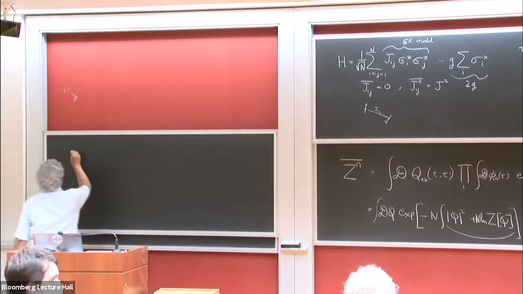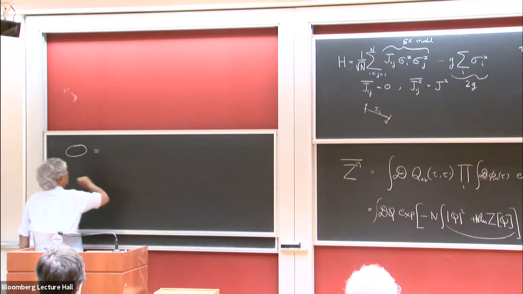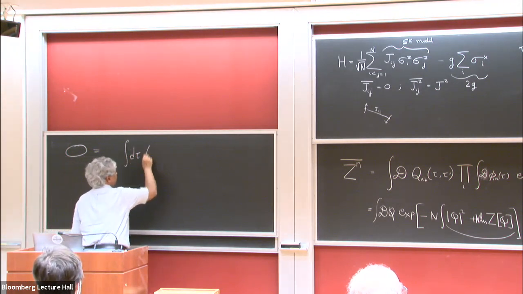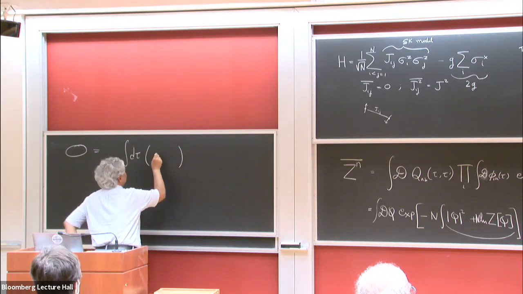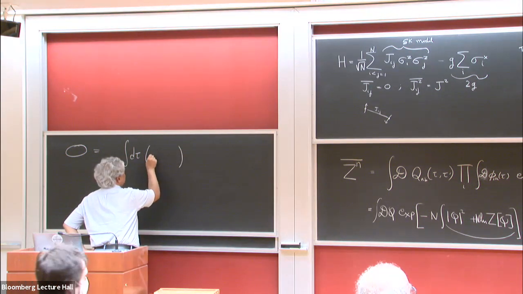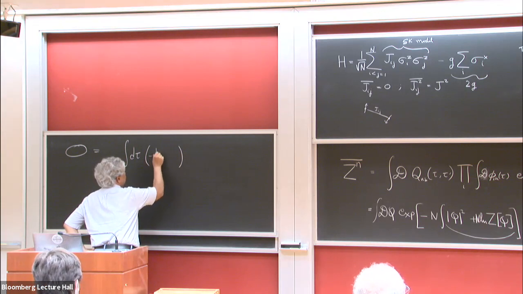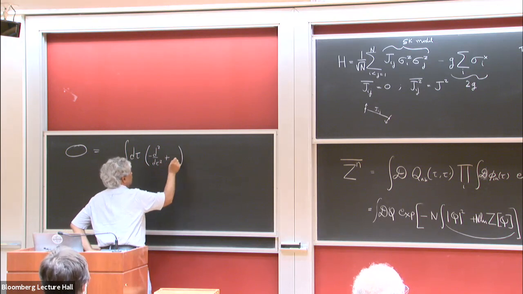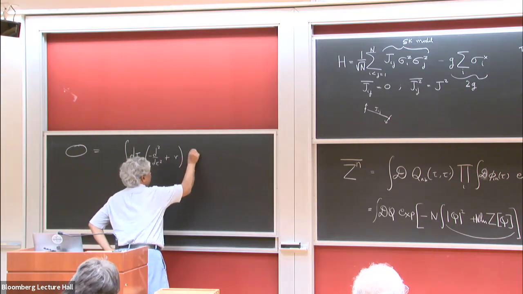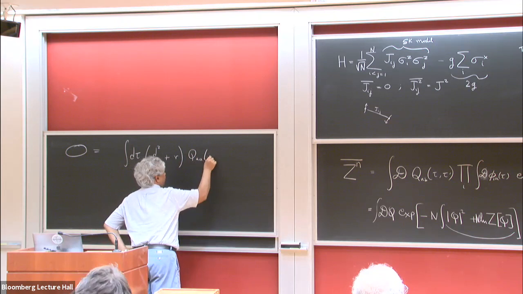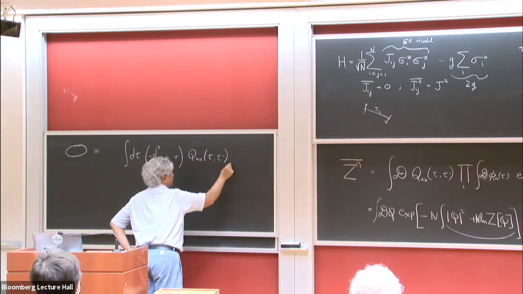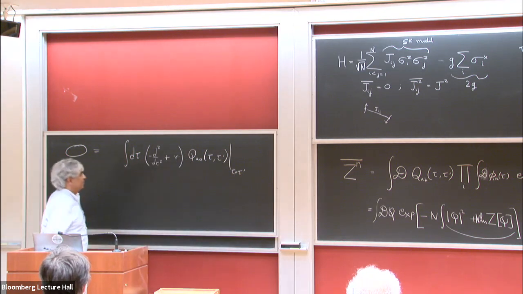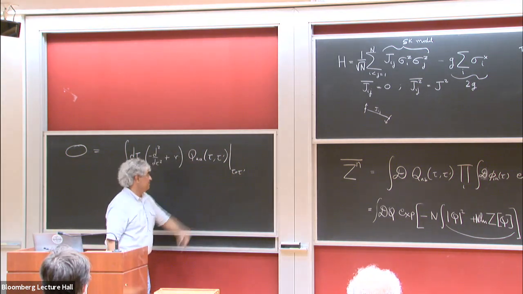It's something like d tau, there's a coefficient which I'll call minus d squared d tau squared plus r of QAA of tau prime, tau equals tau prime. Okay. You have to first take the derivative and then set them equal.